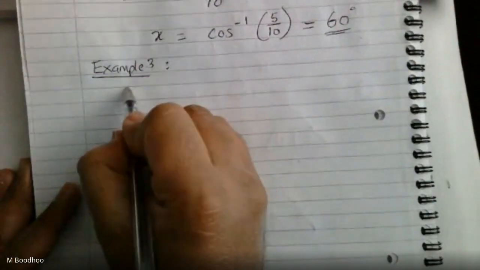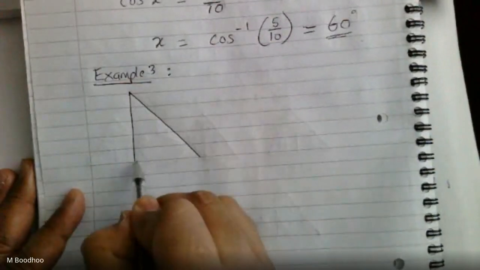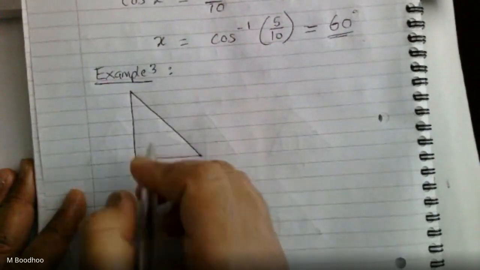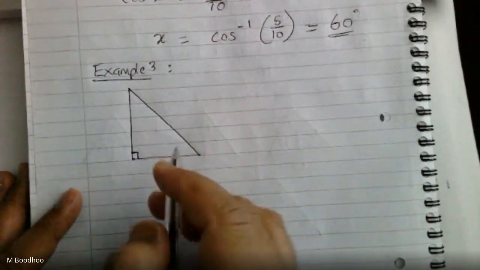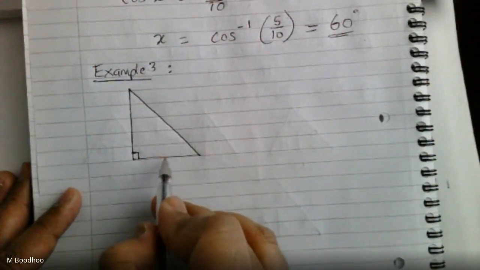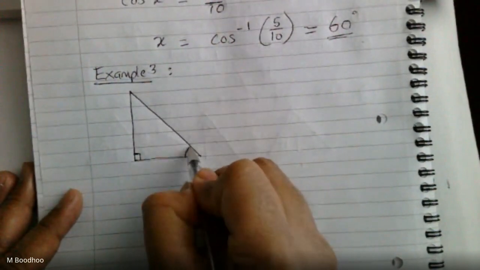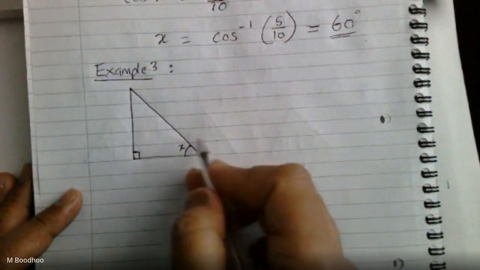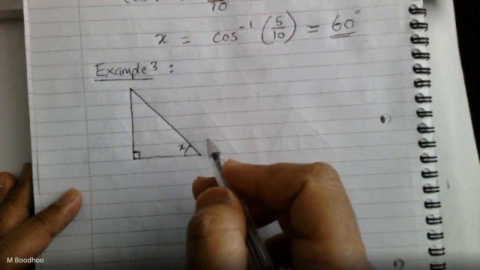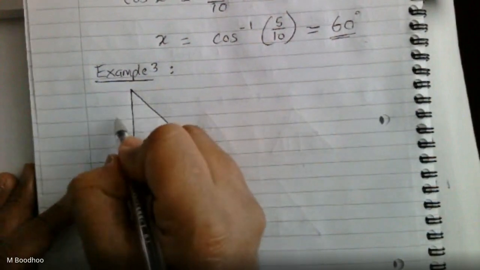Example 3. You're going to have the right angle triangle, your 90 degrees here, and the angle that we want to find is going to be somewhere at the bottom there. It can be top, it can be at the bottom, it doesn't matter, it's x.